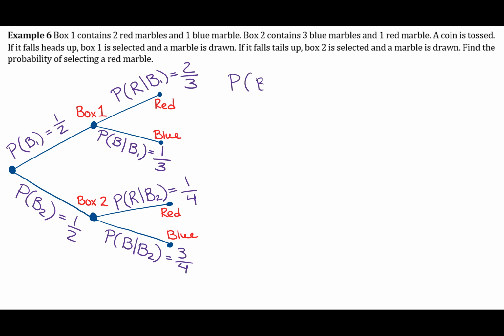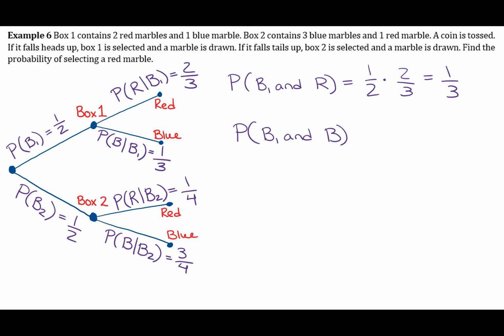Okay, so let's write out all of these possibilities or outcomes now. So the probability that we select box 1 and we get a red marble is going to be 1/2, because that's the probability that we get box 1 in the first place. And then you're going to multiply that with the probability of getting a red marble from box 1. So times that by 2/3 and you get 1/3.